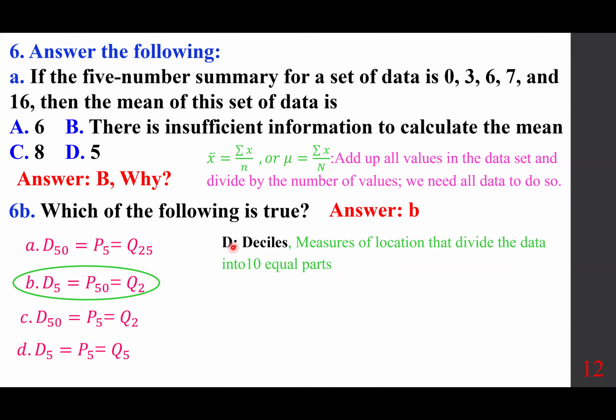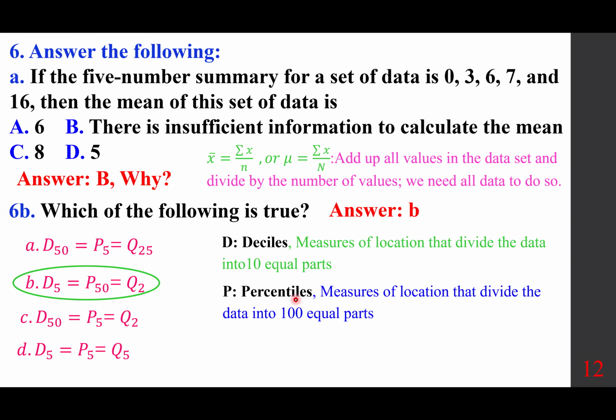Decile, short D. So D5 means the 5th decile. Deciles, by definition, are measures of location that divide the data into 10 equal parts.